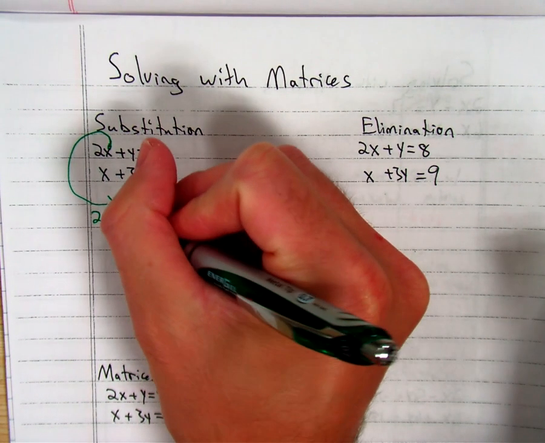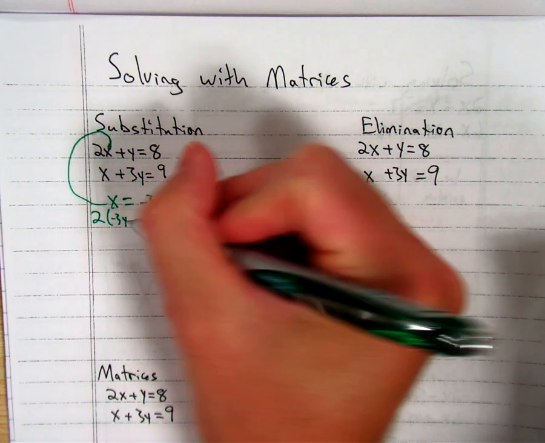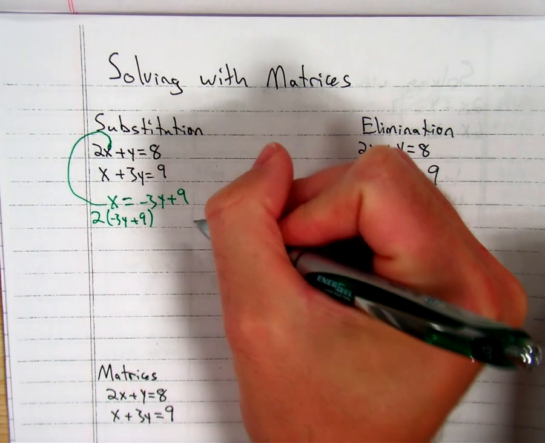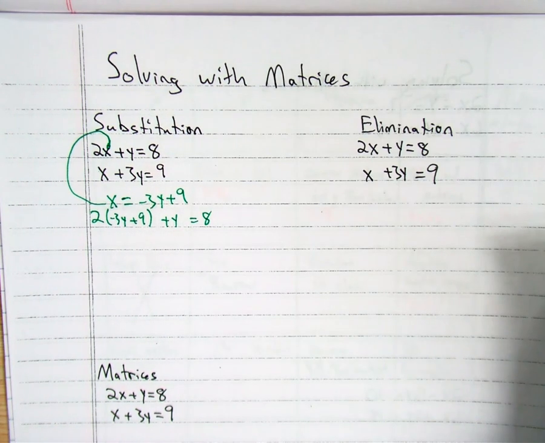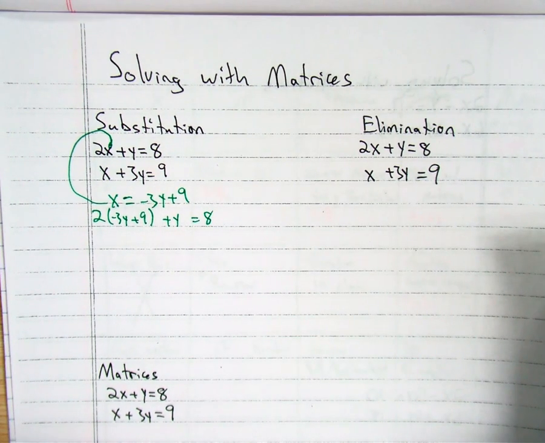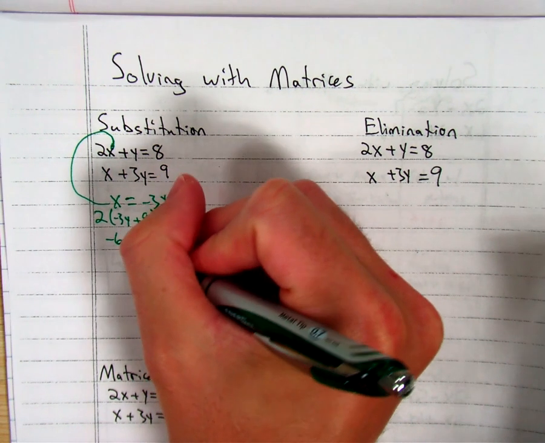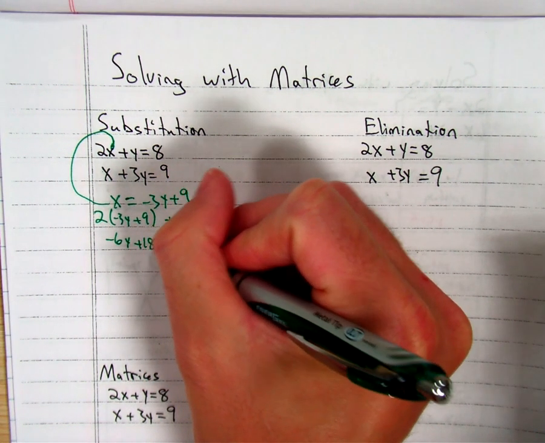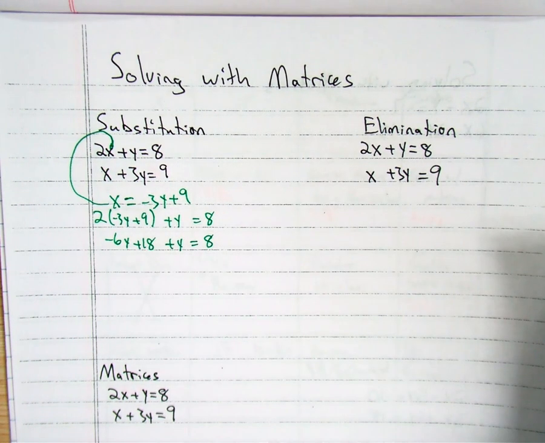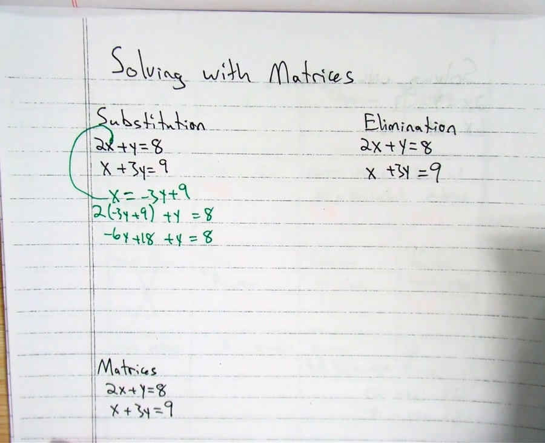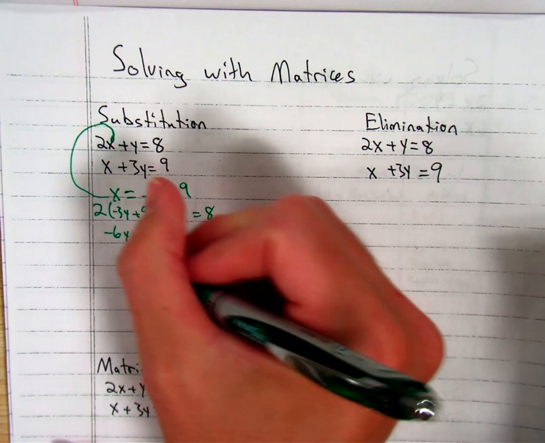So we'll have 2 times negative 3y plus 9, plus y equals 8. Distribute your 2: negative 6y plus 18 plus y equals 8. Negative 6y plus y is negative 5y.